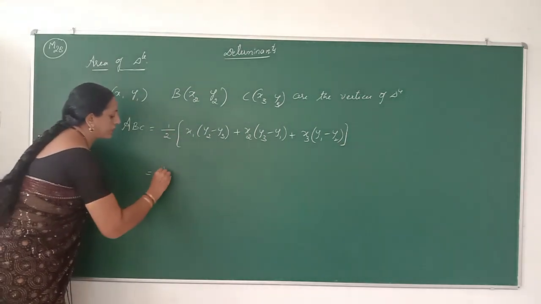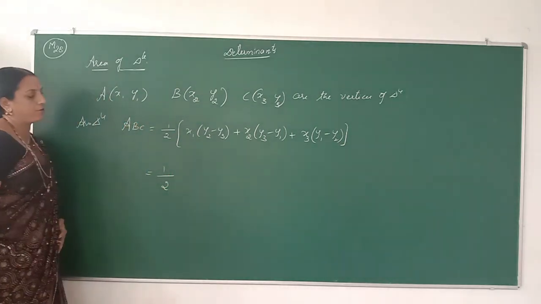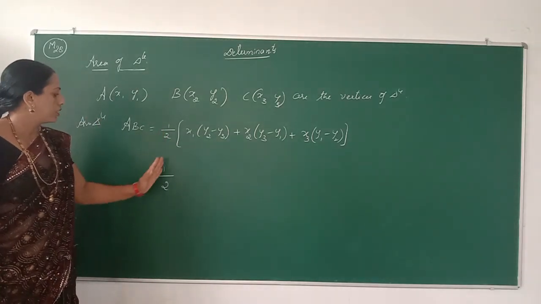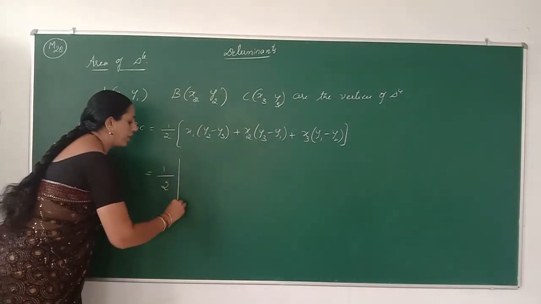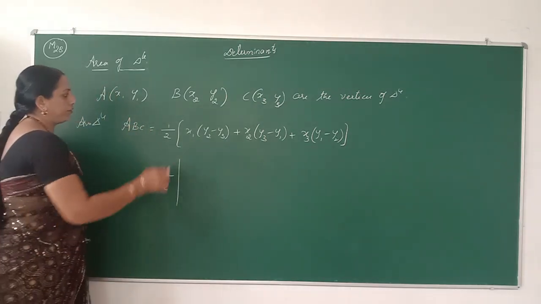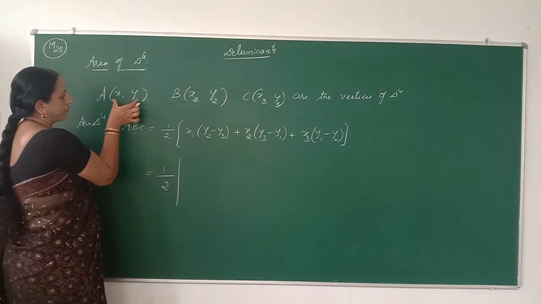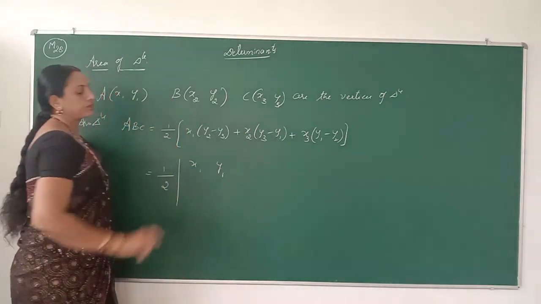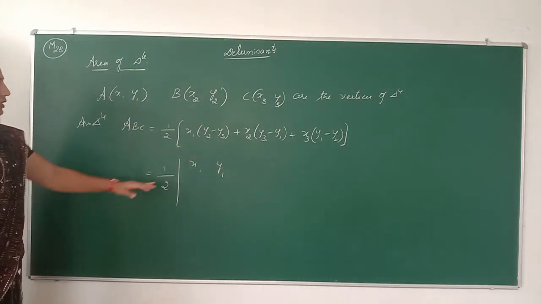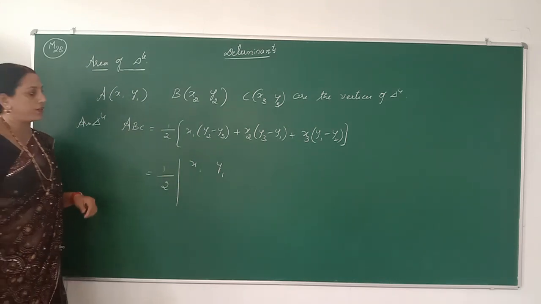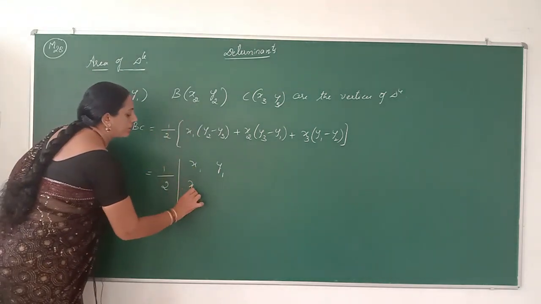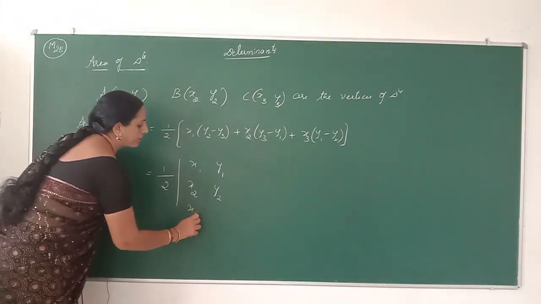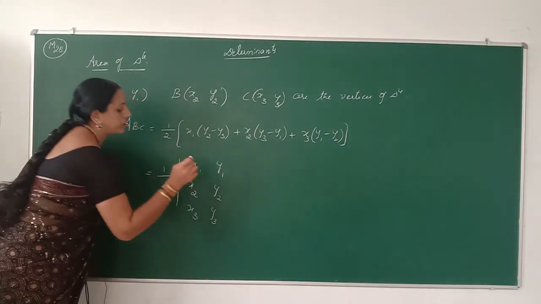Now, such a result can also be written as half of a determinant. Half is a scalar multiplication. So it is written as half of the determinant where the first vertex x1, y1 is in the first row, x2, y2 are the elements of the second row, and x3, y3 are the elements of the third row.